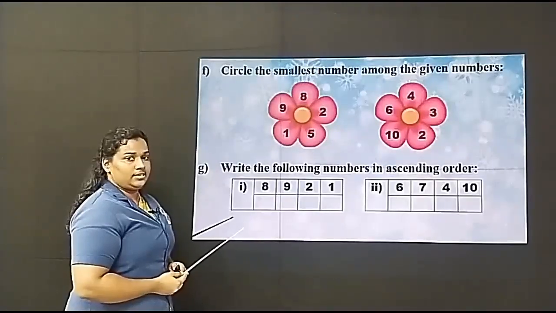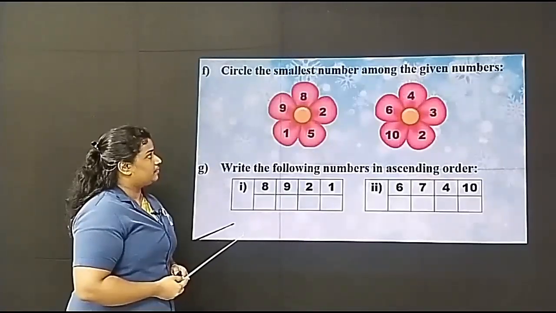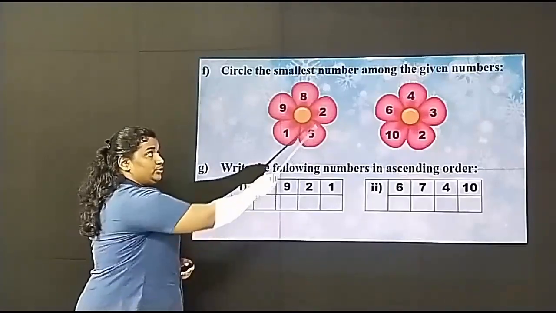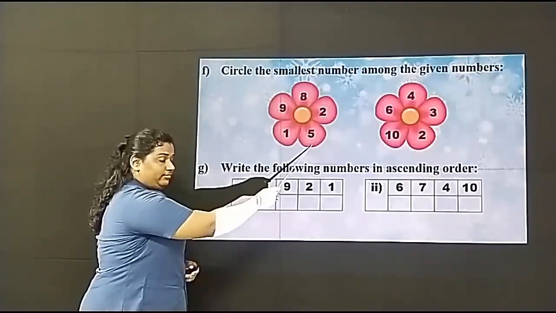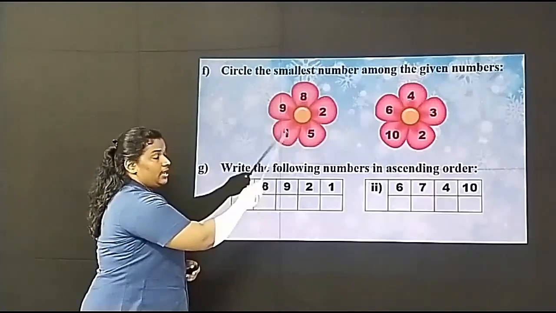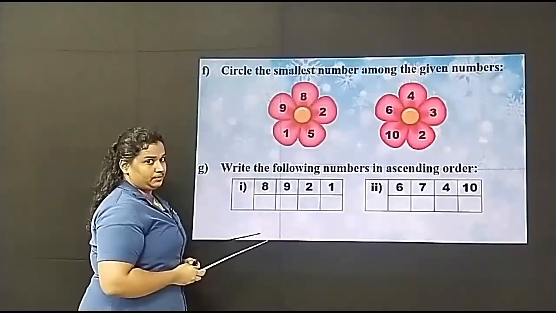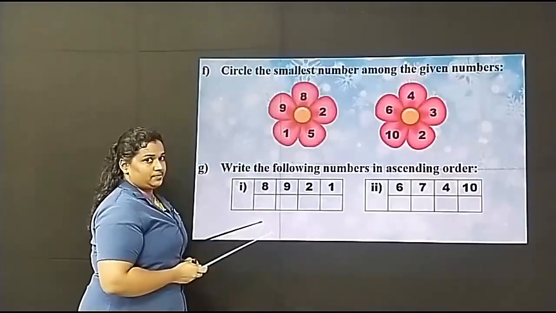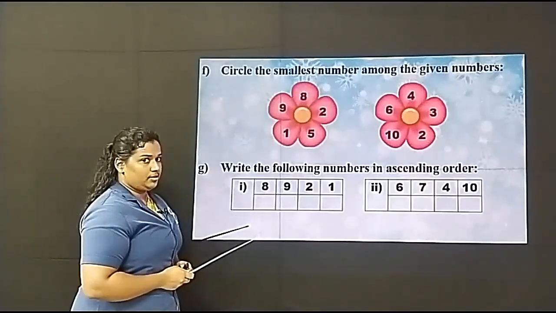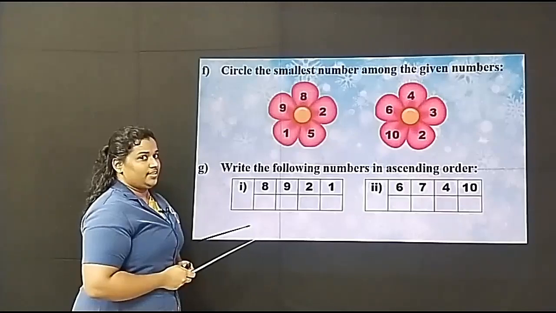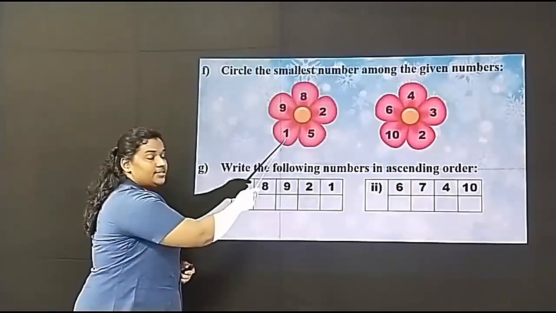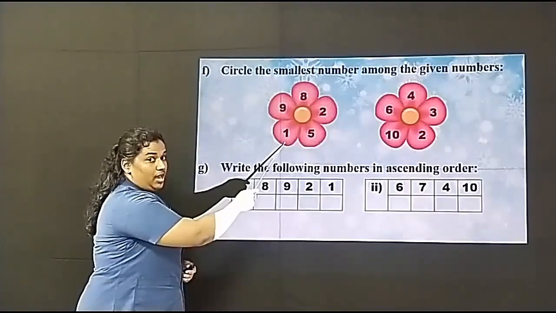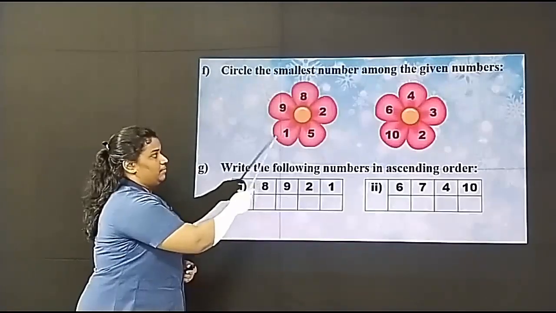The numbers given on the flower are 8, 2, 5, 1 and 9. Among these numbers, which is the smallest number? Yes, 1 is the smallest number. So, we have to circle number 1.